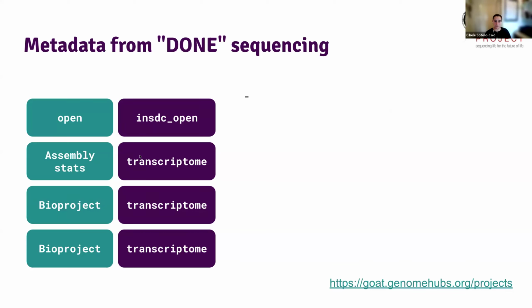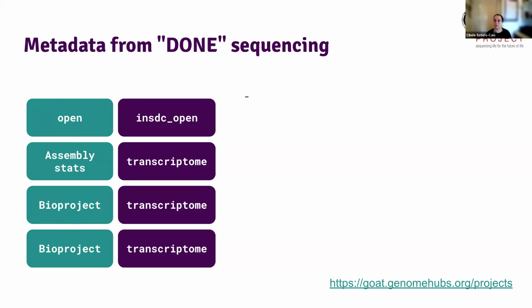GOAT also collects metadata from done sequencing. That's what I was meaning. We have INSDC open, which is all of the assemblies that are present on INSDC, so have reference assemblies. We have open for those that have some sequencing data published in different places.